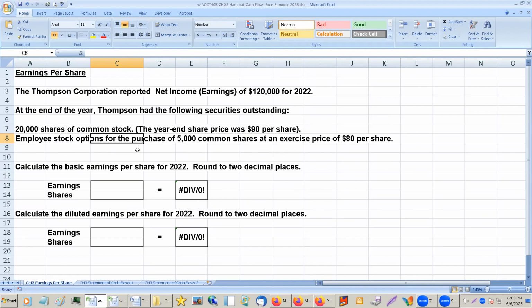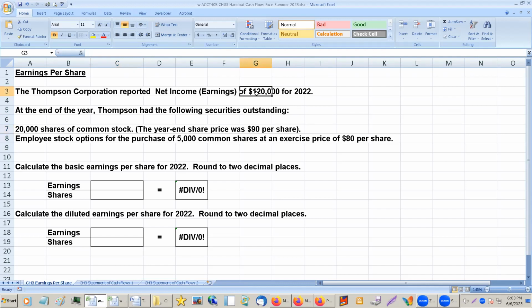All right. Earnings per share. One of the things that they talk about a lot for businesses is how much earnings they have per share. It's a big number. And it's basically how much net income do they have for each share. So here we have Thompson Corporation.